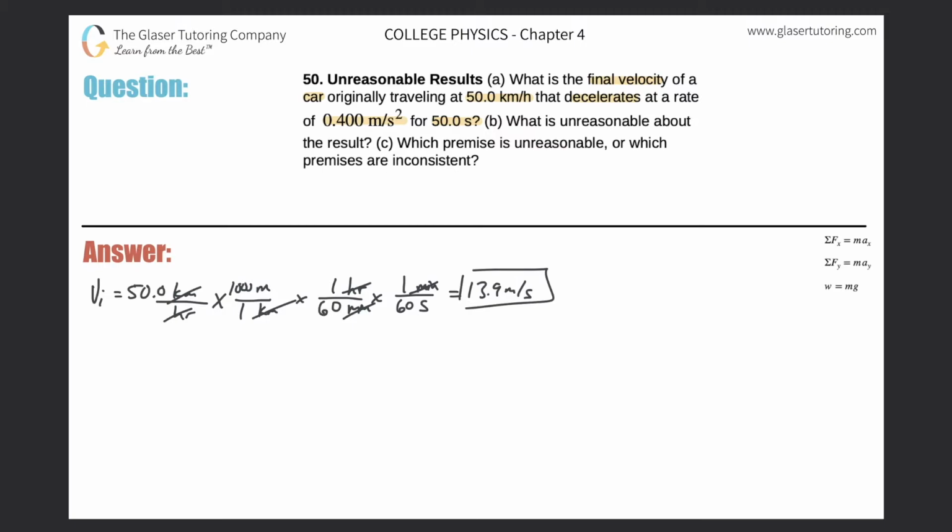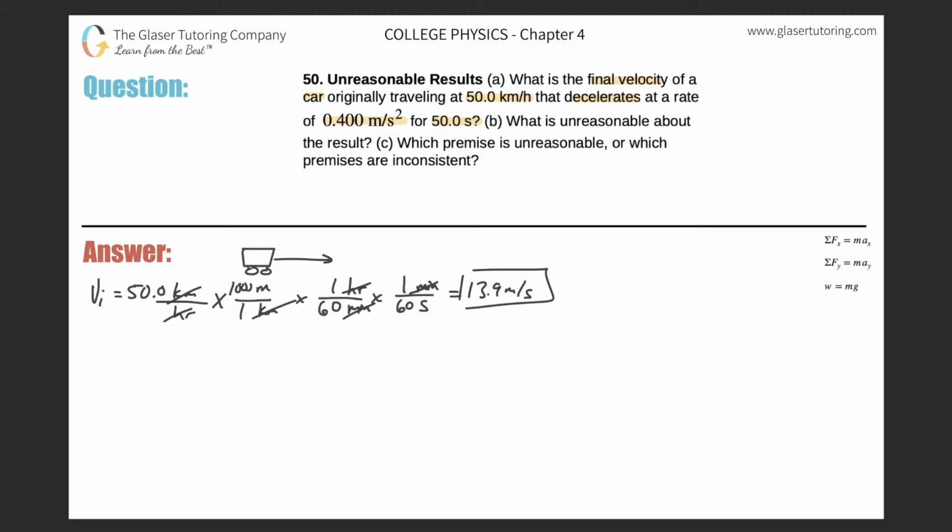Now it says it decelerates at a rate of 0.4. What does deceleration mean? It doesn't necessarily mean negative acceleration, but it means the opposite sign to the direction of travel. So I'm going to assume this car, which looks like a wheelbarrow, is moving to the right.